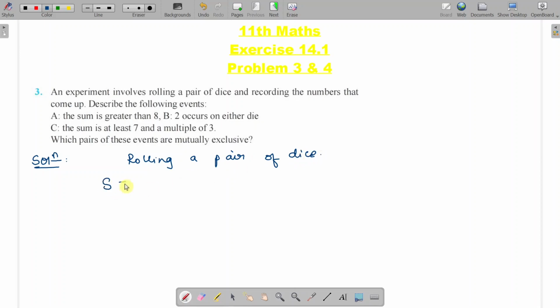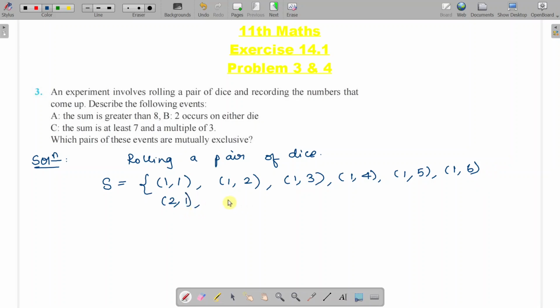That means sample space will be. So you can get 1 on the first dice, 1 on the second dice, right? 1 on the first dice, 2 on the second dice, like that. 1 on the first dice, 3 on the second dice, 1 on the first dice, 4 on the second dice, then 1 on the first dice, 5 on the second dice, like this. 1 on the first dice, 6 on the second dice, or 2 on the first dice, 1 on the second dice, right?